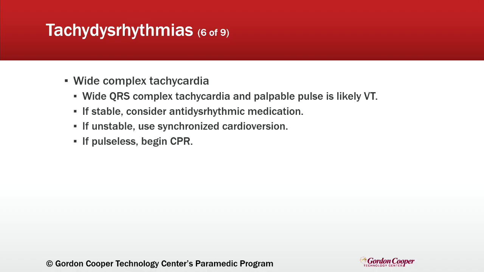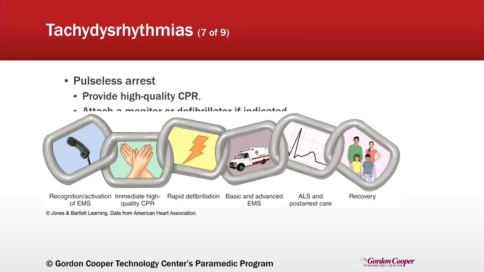If the child is pulseless, initiate CPR and follow the pulseless arrest treatment guidelines, and prepare for immediate transport of any child with a serious dysrhythmia. The survival rate of a pediatric arrest in the pre-hospital setting, unfortunately, is very low, with few survivors having good neurological outcomes.